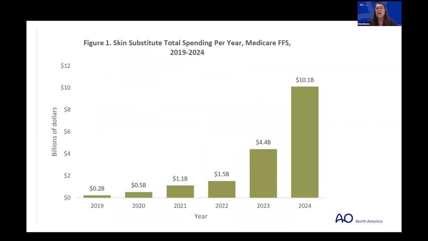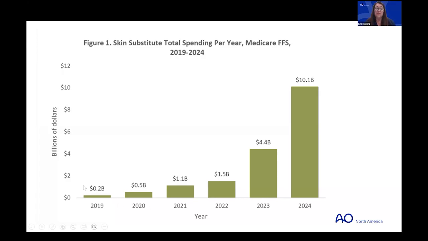Looking at some of the economics of this, which I'm not sure how things are perhaps in Europe or Asia, but in the United States, our system is controlled, if you will, or regulated by Medicare, by CMS. So this is a look at Medicare spending per year from 2019 to 2024 in billions of dollars, the skin substitute reimbursement.